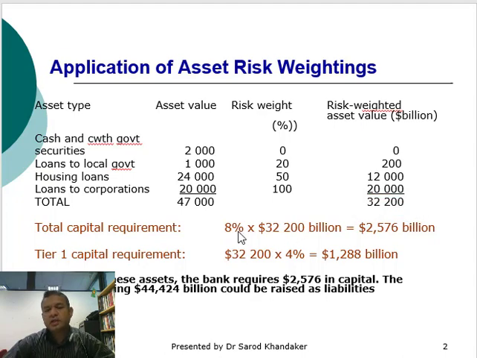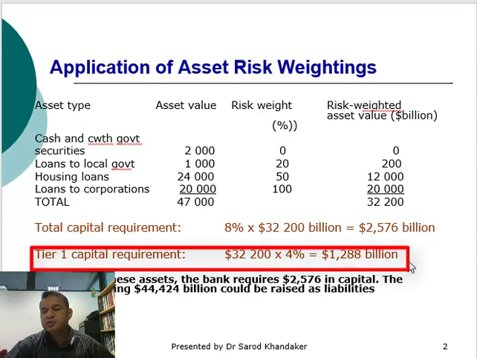Now the total capital requirement according to Basel II should be 8%, and out of this 8%, 4% is tier 1 and 4% is tier 2. So 4% of this is basically $1,222,000. Now here it is showing in billions, so we'll just ignore the billions.